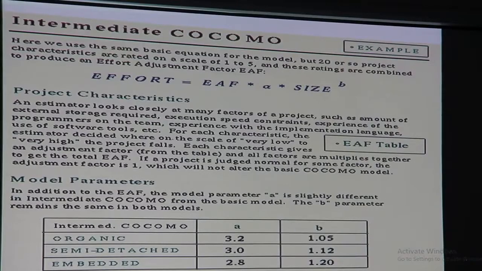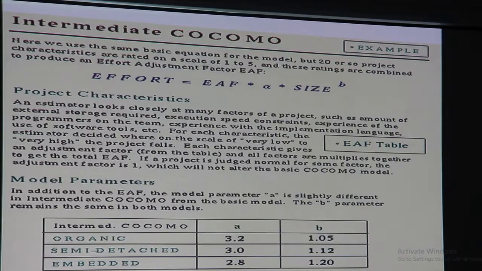So we saw that for basic COCOMO, the formula for effort was pretty simple, in which we had A multiplied by size raised to B. But for intermediate COCOMO, there is a factor, the effort adjustment factor, which got introduced.